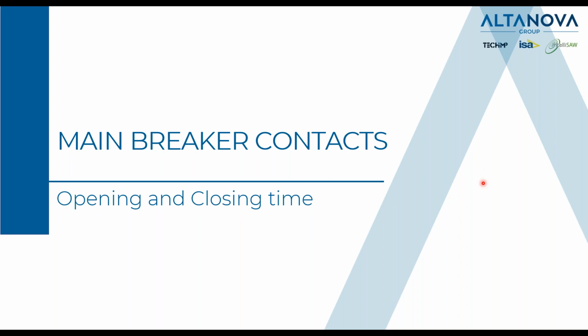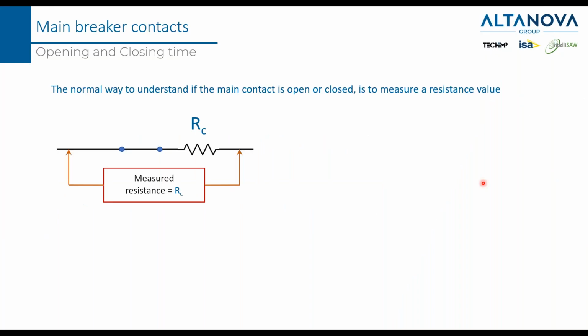Now we are going to discuss the main breaker contacts and how to measure the opening and closing time. As we said before, especially the opening time is the most important parameter. The normal way to understand if the main contact is open or closed is to measure a resistance value. When the breaker is closed, you expect a very small value of resistance.